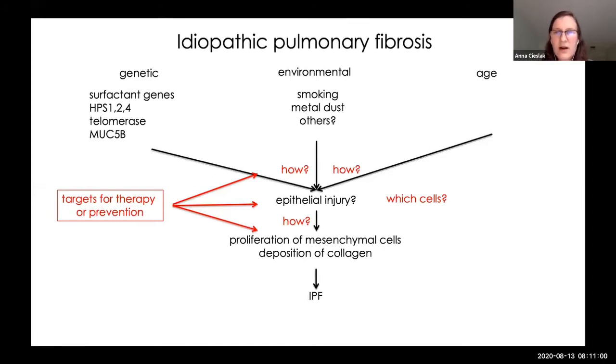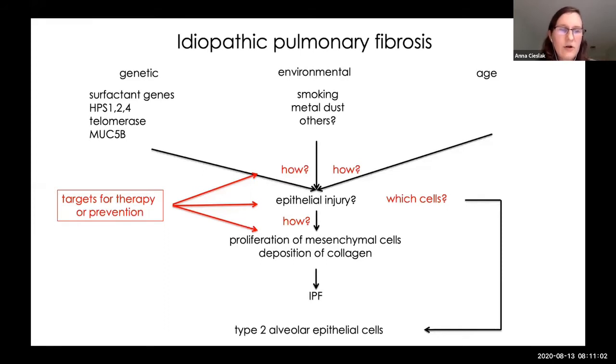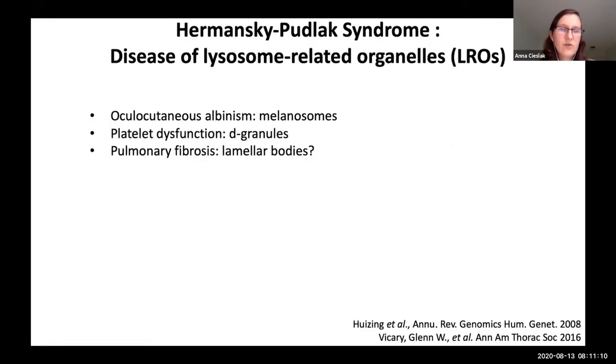The most important part is that type 2 alveolar epithelial cells are potentially highly involved. Those evidences came from the subset of patients with Hermansky-Pudlak Syndrome, HPS, which is a similar clinical entity with IPF and is caused by abnormal biogenesis and trafficking of lysosome-related organelles.